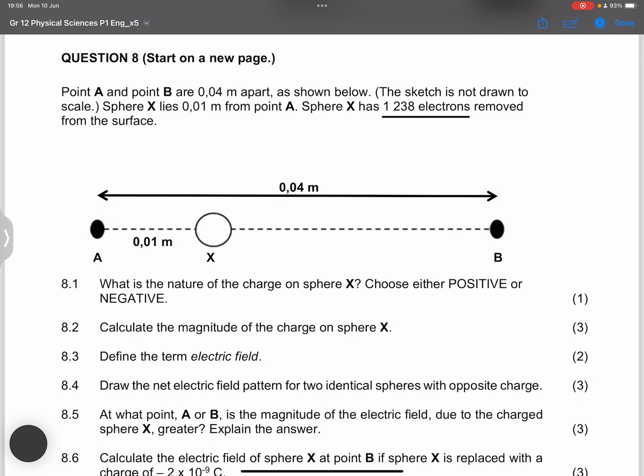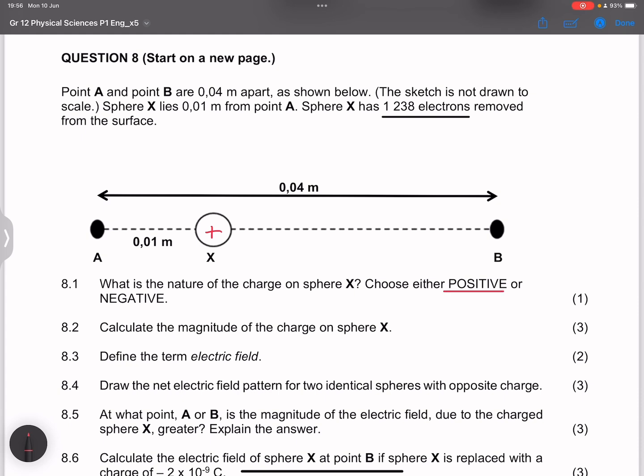So that already tells you that sphere X must be positively charged. If we remove electrons, then we've got a deficiency of electrons, and that makes sphere X positive. Now they say, what is the nature of the charge on sphere X? Choose positive or negative. We've already said that. We know that it's going to be a positive charge.